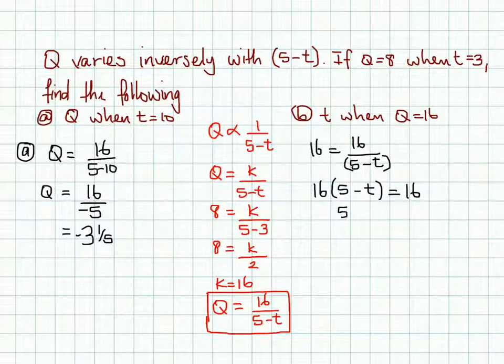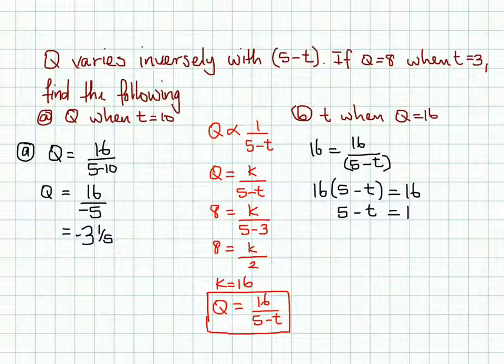Once I divide by 16, I'll end up with 5 minus T is equal to 1, because 16 divided by 16 will become 1. And 1 times the bracket is the same thing, so it wouldn't affect anything much. And obviously I can't just divide on this side and not that side, so 16 divided by 16 is 1.